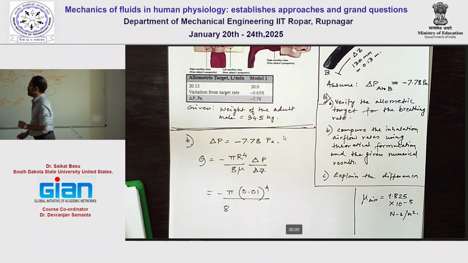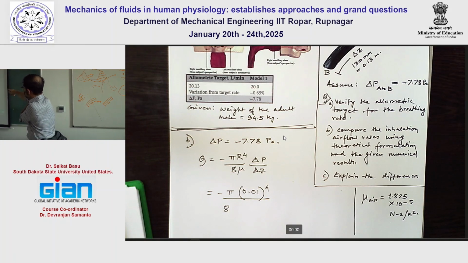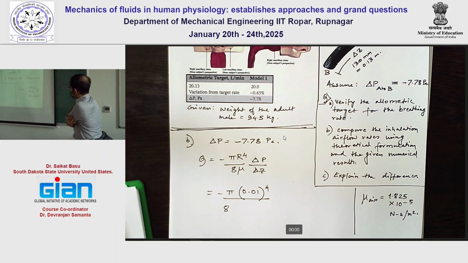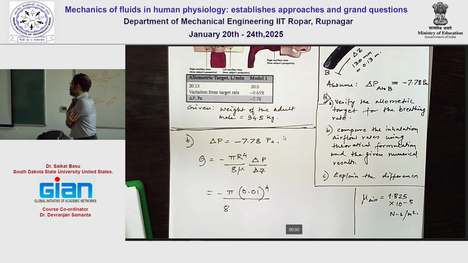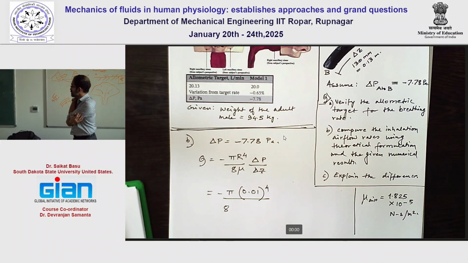Now this mu of air, by the way, is the viscosity coefficient for inhaled warmed up air. If you look up the viscosity of air on the internet, it is slightly different from the value that we use.